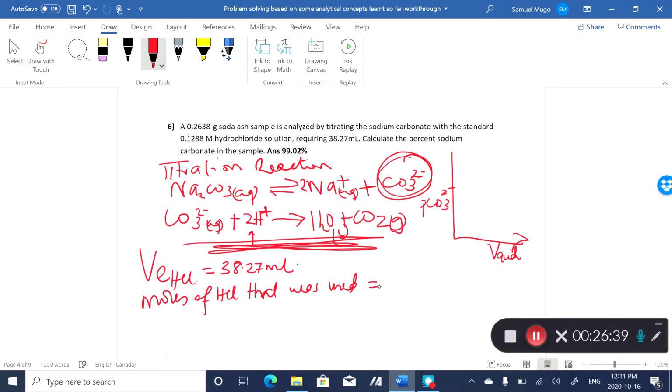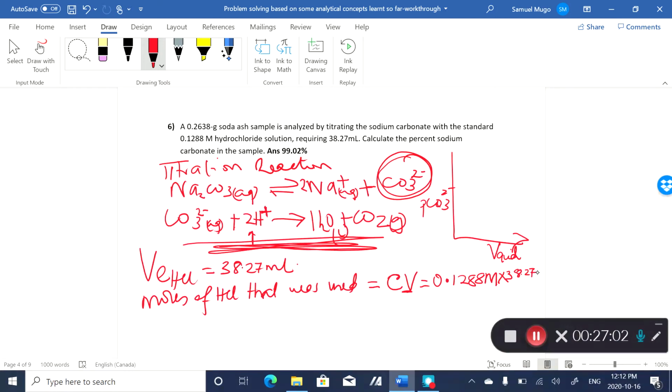Which is going to be equal to the volume, obviously. It's CV, that's how you calculate the number of moles. The concentration is already given up there. It's 0.1288 molar concentration.